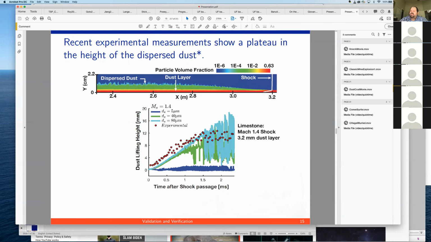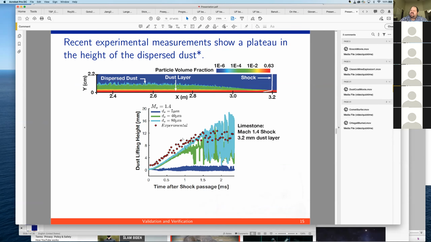And then we also compared our computational results in these lines here with various modeling assumptions, and then compared it to the experimental measurements. There's a strange shift in the experimental measurements. It's how they presented them, and to this day we still have not figured out what's causing this shift, because we think there's a subtle difference in the reference height.